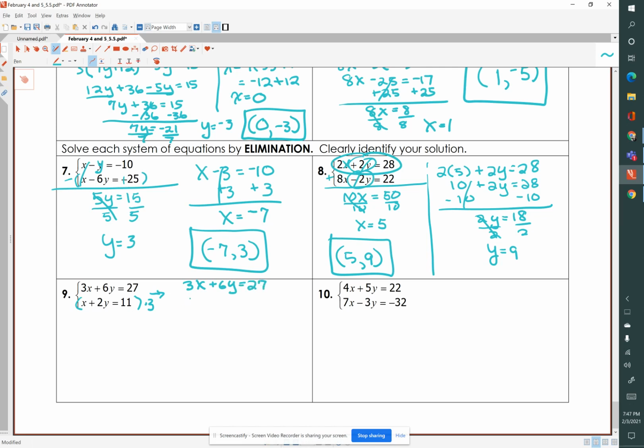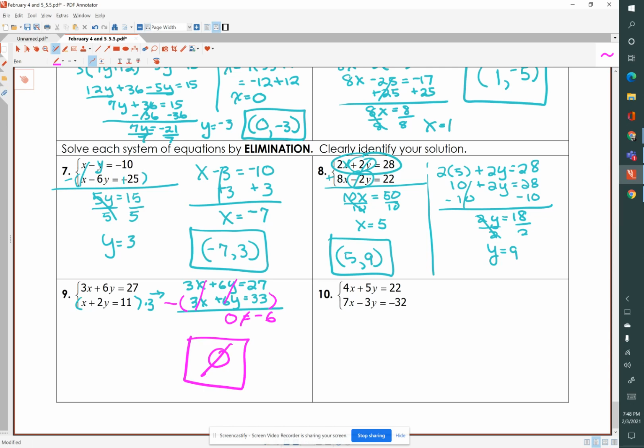The second equation is 3x plus 6y equals 33. So if I subtract the second equation from the first, 3x minus 3x eliminates the x's and the y's are eliminated. So I end up with 0 equals 27 minus 33, which is negative 6. 0 does not equal negative 6. This is a no solution equation.